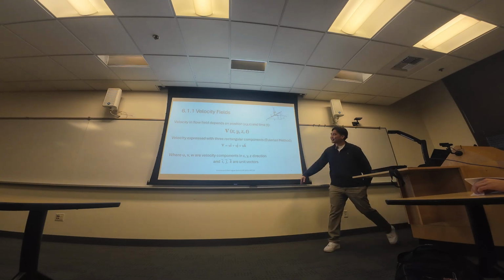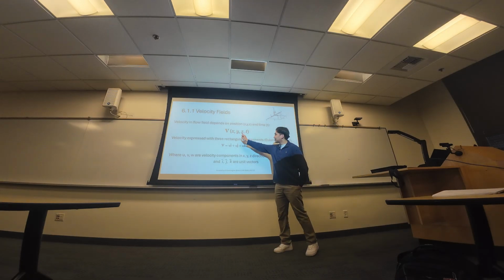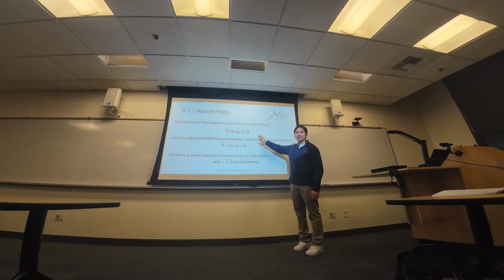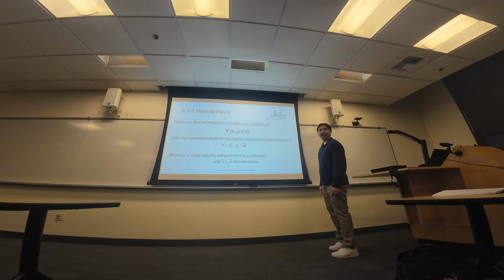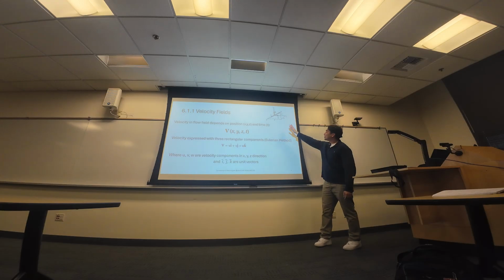Okay, so the velocity field is a function of x, y, z, three dimensions, and time t. In your multivariable calculus class, Calc 4, this is pretty common. Here's a figure in the top right showing what this is. You have your x, y, z, and to make sure your z is going in the right direction, use the right-hand rule: curl your fingers from x to y, thumb up in z.